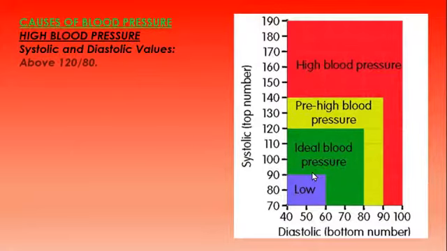From the chart, 120 and above, and 80 and above, you attempt to have high blood pressure or hypertension. Alright, let us look at the causes of high blood pressure so that we can live a lifestyle to avoid the dangerous causes.